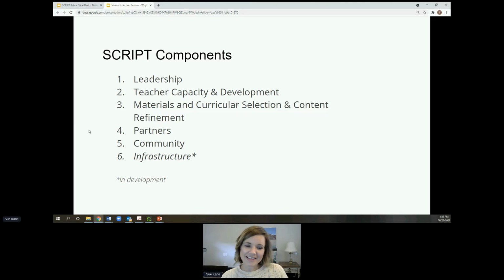Teacher capacity and development. I'm going to show you a little bit under the hood in this rubric here in a second. But teacher capacity and development talks about not just the shot in the arm, everybody go to this one-day workshop and we're all ready to implement CS education. Teacher capacity should also include a plan for newcomers to the district or for refreshers, or maybe a specific teaching style that needs to be accommodated.